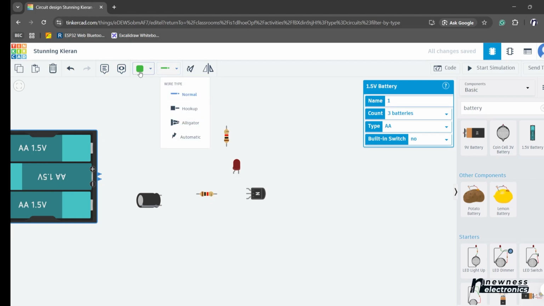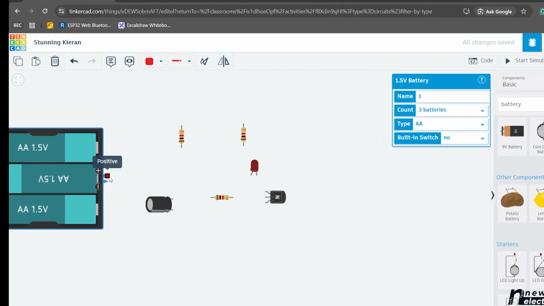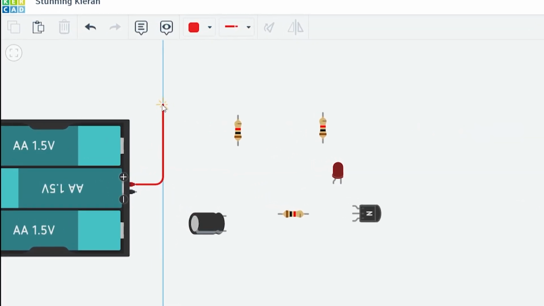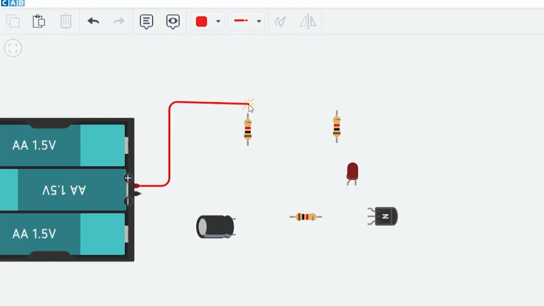Let's start from the positive lines. Like that. The negative lines.